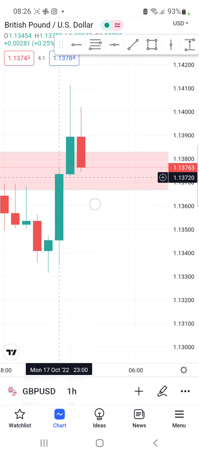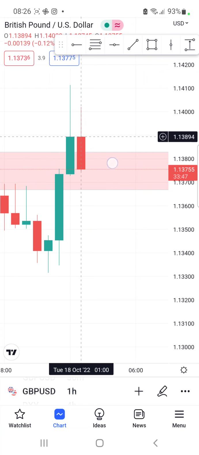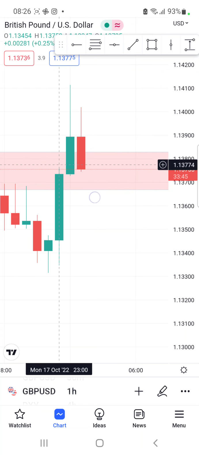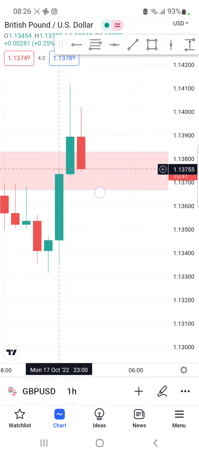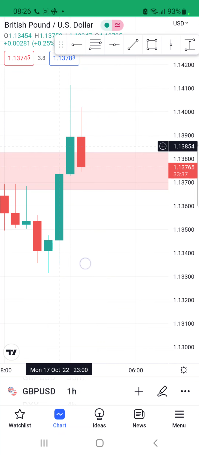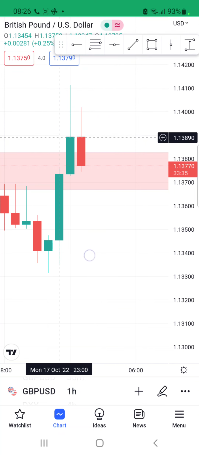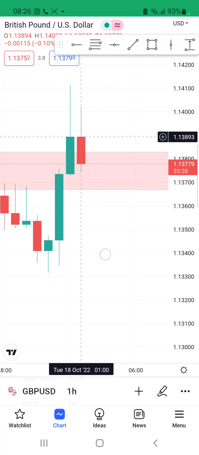That's why the close of this candle is equal to the open of the next candle. This one opened right here, pushed down, then came all the way up here. Then you can see the price movement all the way here and down.